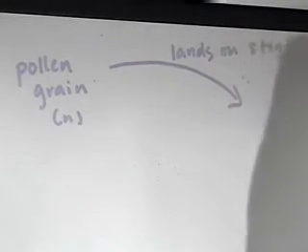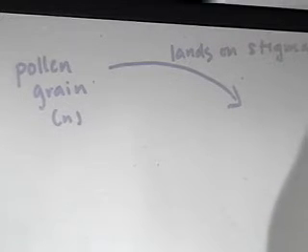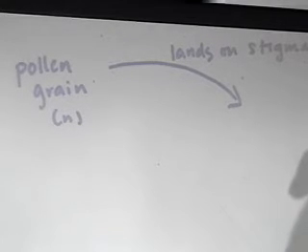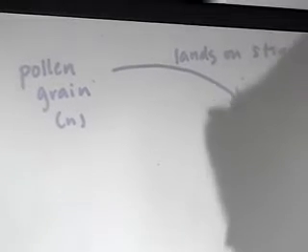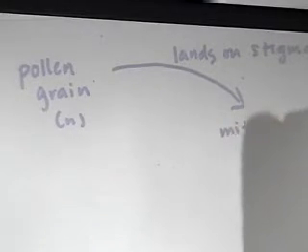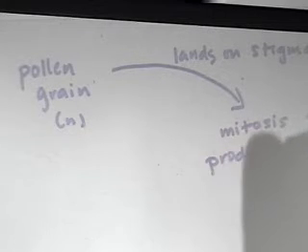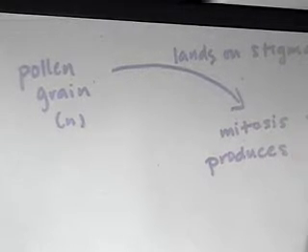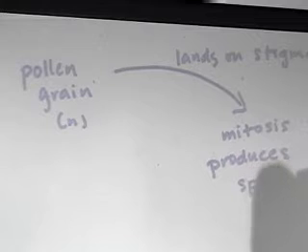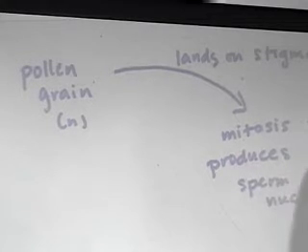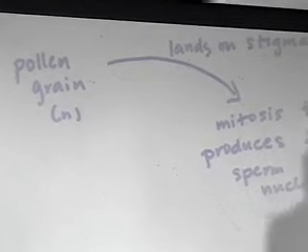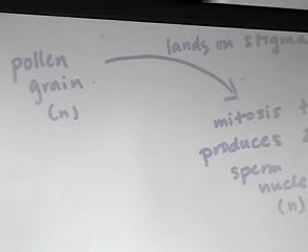But basically, once it does that, it's going to be triggered to develop further. First thing that happens is that pollen grain goes through mitosis, and it produces now 2 sperm nuclei. Now each of those sperm nuclei is still haploid. Okay, still N.